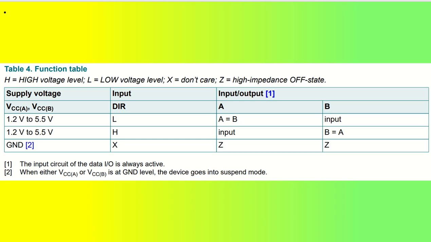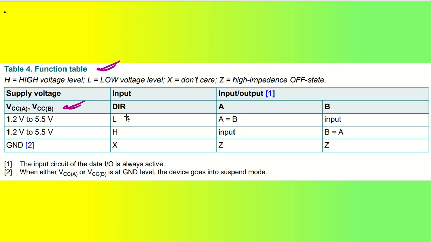Coming back to the next part, the function table. How does this function work? As you can see, we have VCCA and VCCB supply voltage ranges, which go from 1.2 volt level to 2.5 volt level. Now, as I told you, about input and output and how it is working.